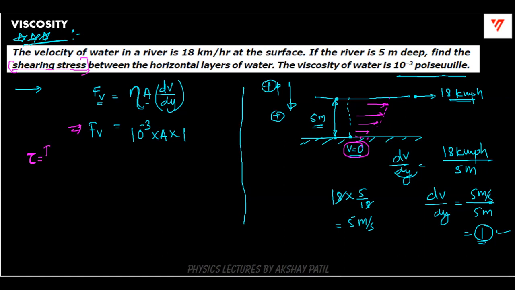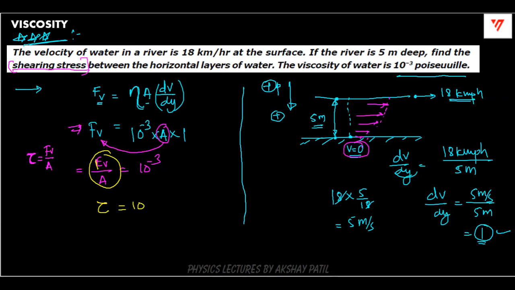It is given as viscous force upon area. So if I take this area across this boundary, it will become Fv divided by A is equal to 10 raised to minus 3. This Fv upon A is tau, the shear stress the liquid is applying between its two layers or opposing the flow.